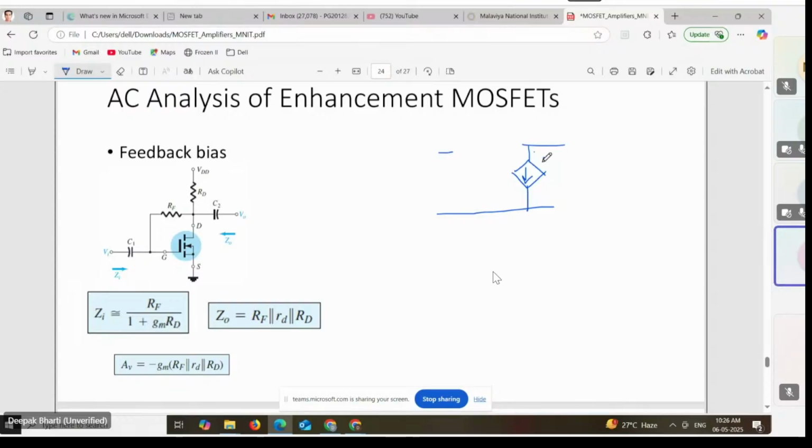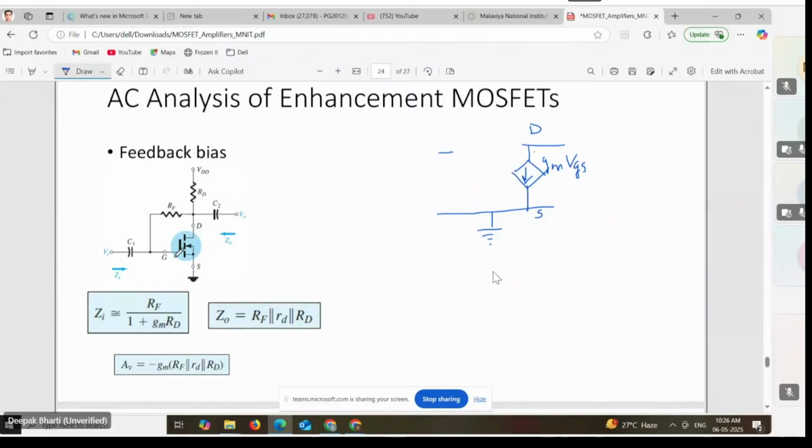So this will be GM VGS. Okay, this is the drain. This is the gate. Source, it is at ground. We can observe from the network that the source lies at the ground potential.